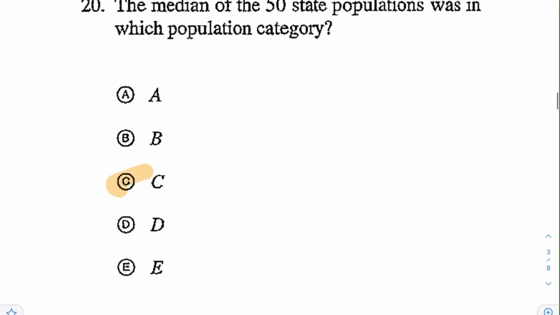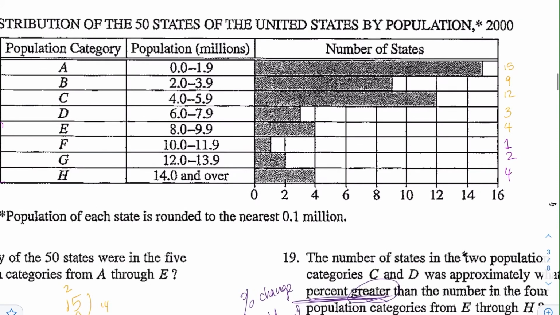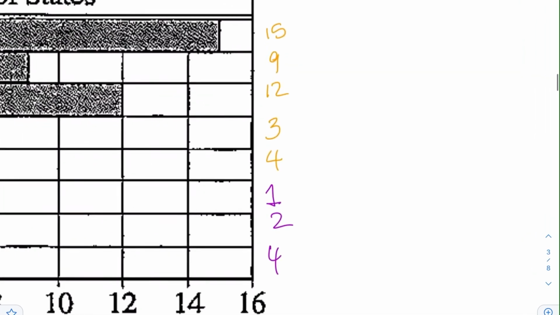Next, for number 20, the median of the 50 state populations was in which population category? So median just means middle number. So when you have the middle number, you just have to make sure that you cross-cancel everything correctly.